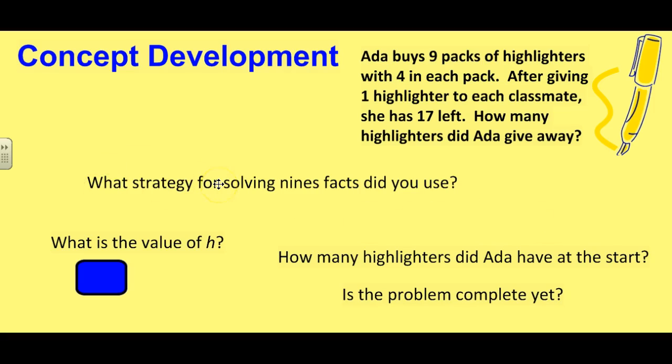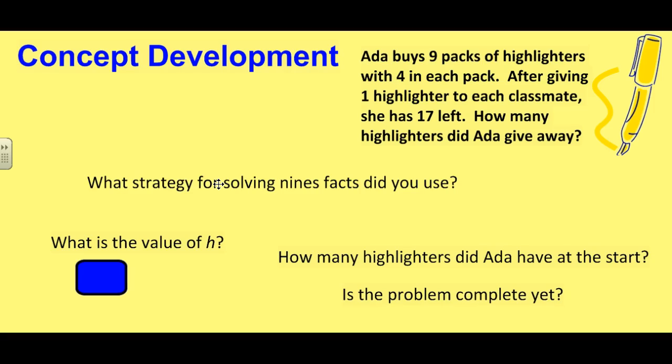So this was a 9's fact because it was 9 times 4. So what strategy did you use to find 9 times 4? Did you just know it already? Did you break apart your 9 into 5 fours and 4 fours? Did you use what we learned a few lessons back where you could use your tens?